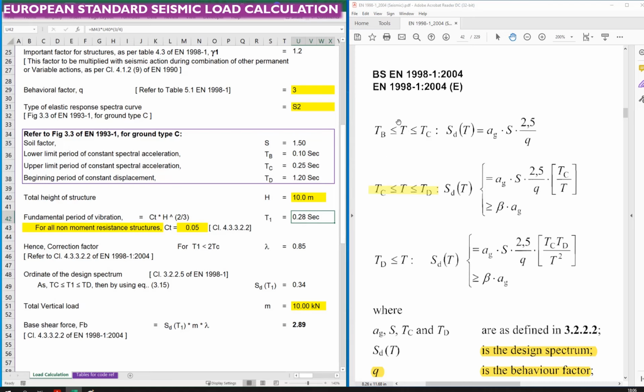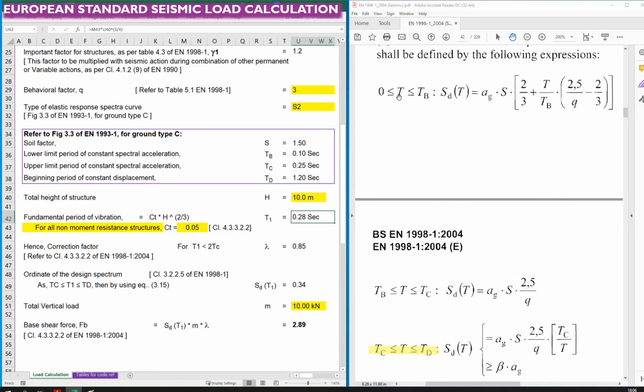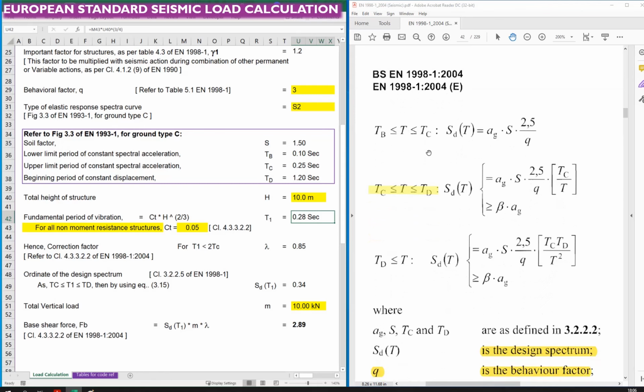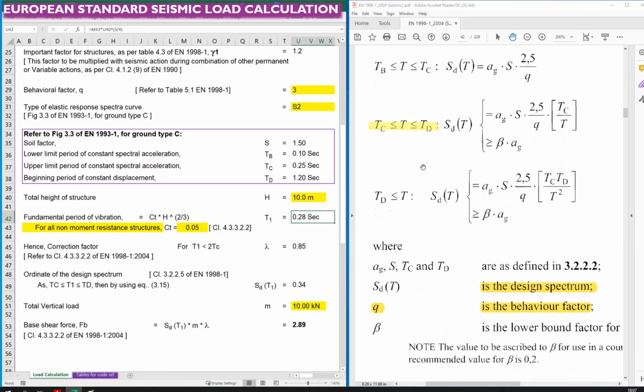So the first and second cases are not applicable, because our T1 is greater than Tc and not less than TB. Finally, the third case: Tc is less than or equal to T, which is satisfied in our case, and T is less than or equal to Td.